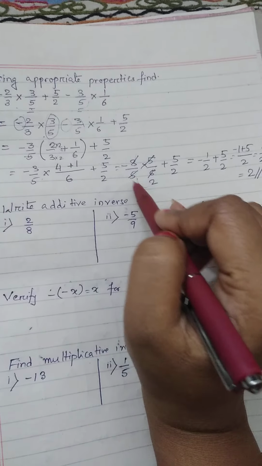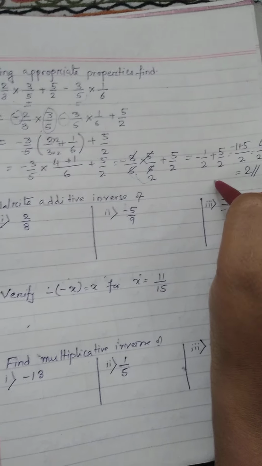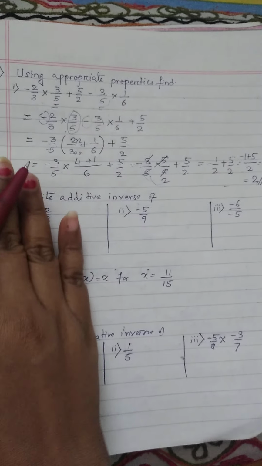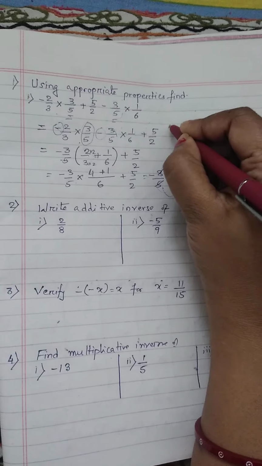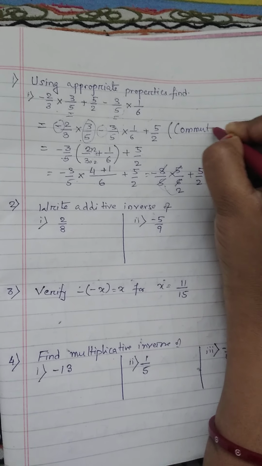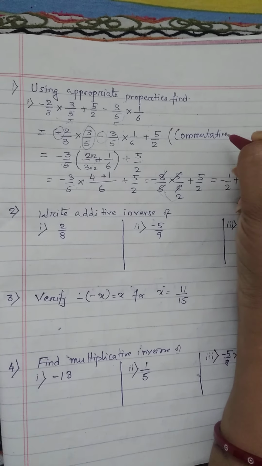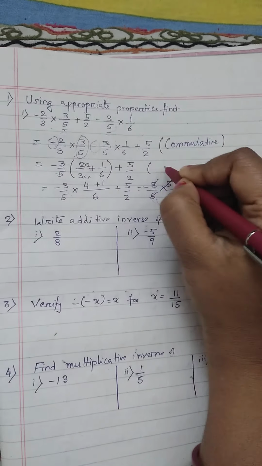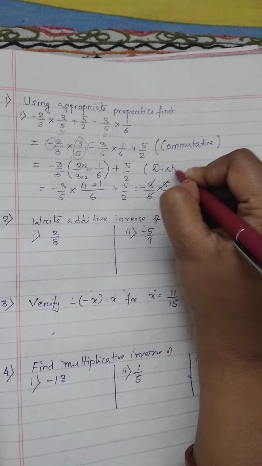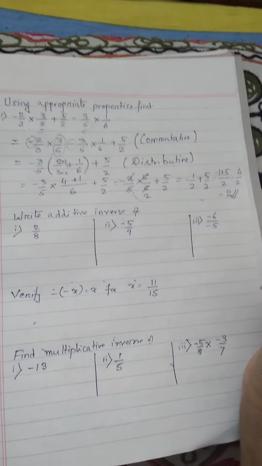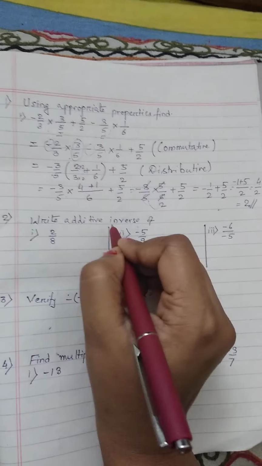Once we solved this, we added 5 by 2 to it and we got 2 as the answer. So you understood here what kind of law we use? Commutative, and here we use distributive law. Okay, fine.